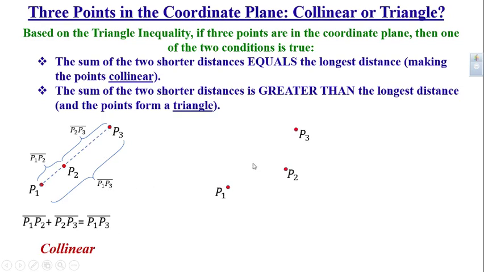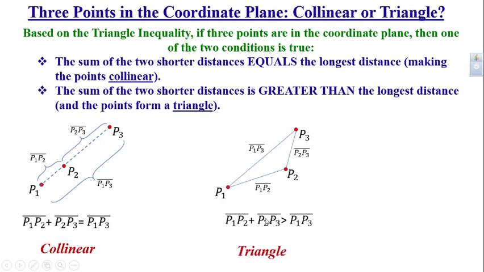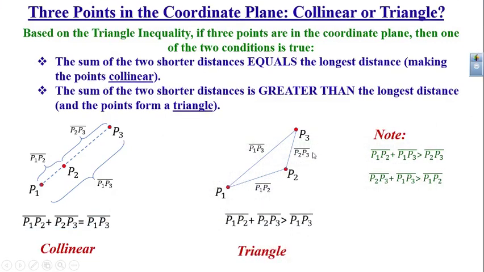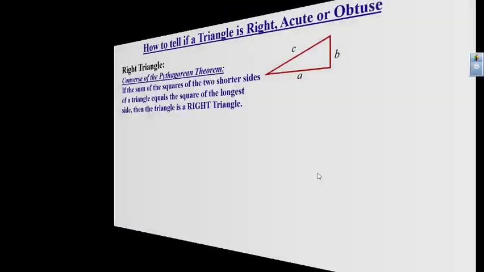On the other hand, if I find P1 to P2, P2 to P3, and P1 to P3, all 3 pairs, and when I add the two shorter ones, I get something greater than the third, then we have a triangle. And in fact, if you add any 2 pairs, you will always get something greater than the third pair. So when you have 3 points in the plane, those are the possibilities.